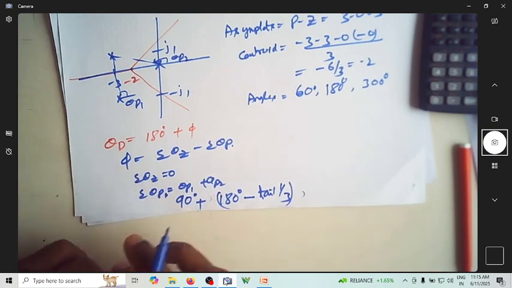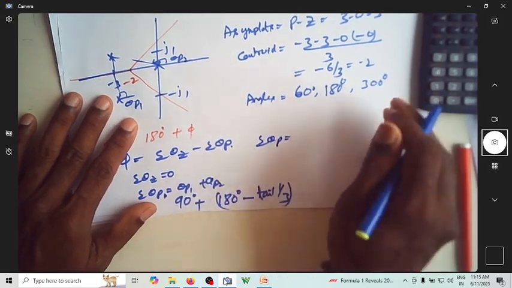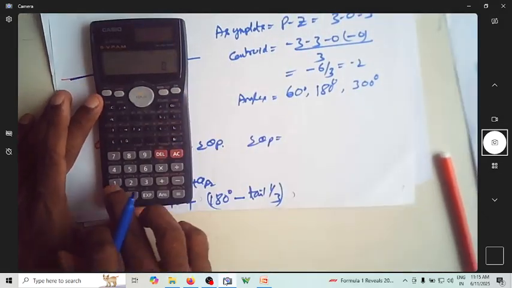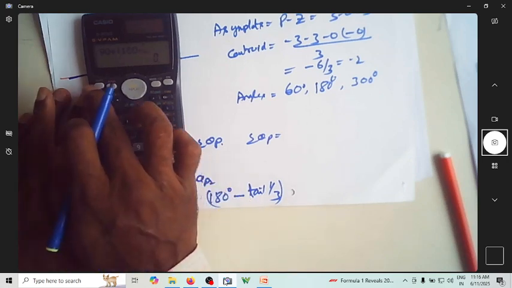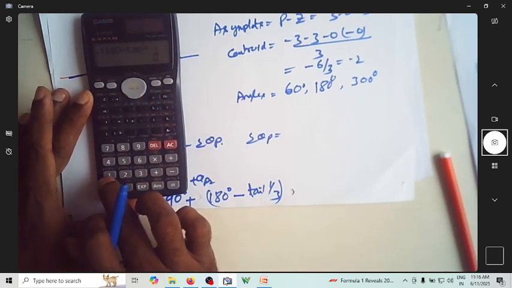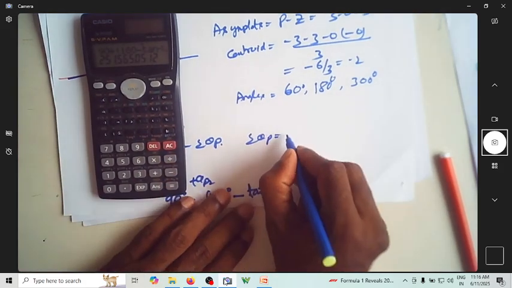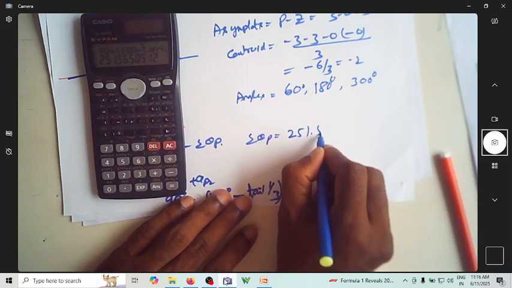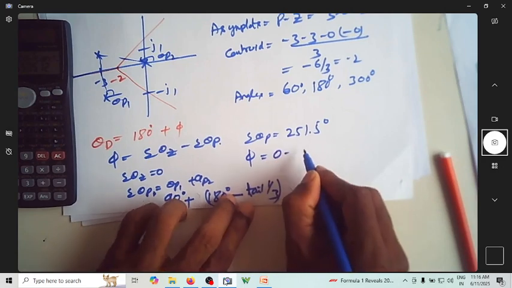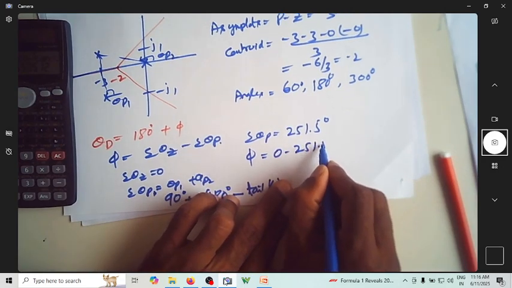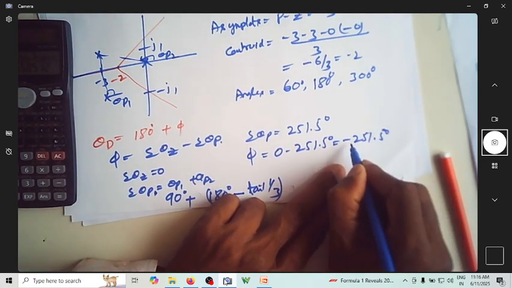So the summation of theta p is 90 plus 180 minus tan inverse of 1 by 3, which is 251.5 degrees. That is theta p. Then phi becomes 0 minus 251.5 degrees, which is minus 251.5 degrees.